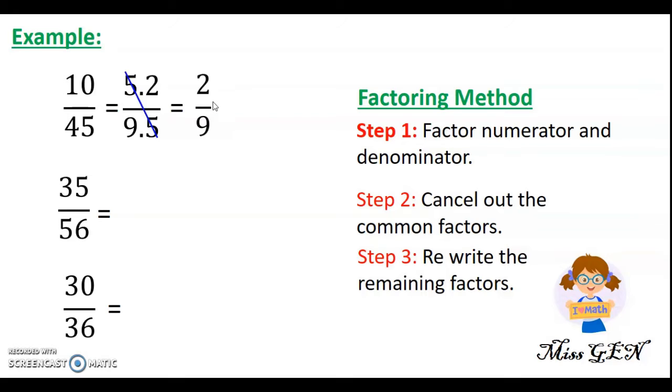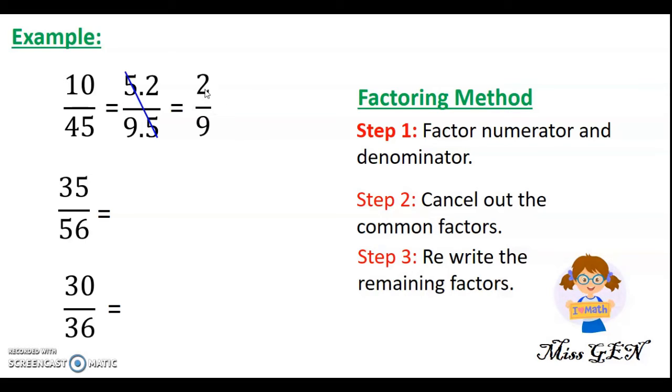We will know that the fraction is already in its simplest form when the numerator or denominator is already a prime factor. Prime factor meaning the only number that can multiply to that number is 1.